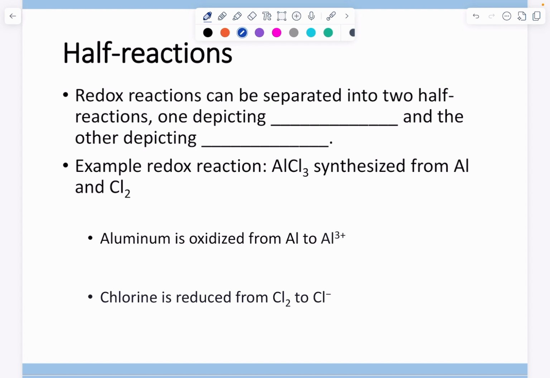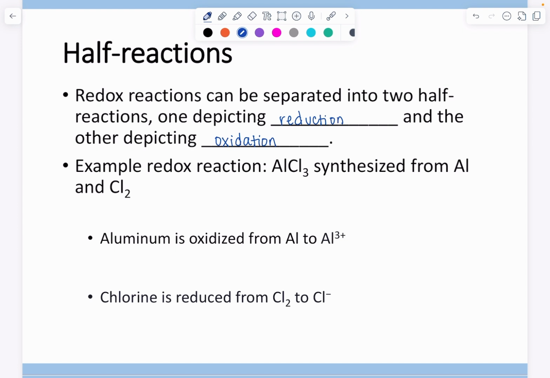We can separate redox reactions into two half reactions. One depicts reduction, and the other depicts the oxidation. So, for example, in this example reaction, it says AlCl3, aluminum trichloride, is synthesized from aluminum and chlorine.